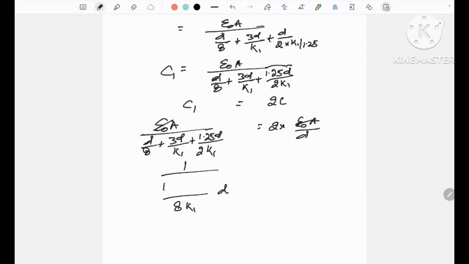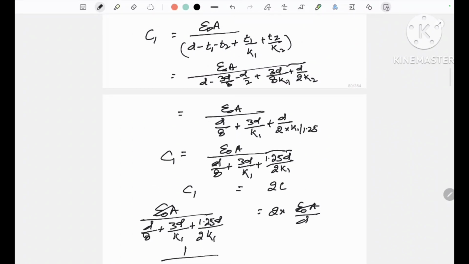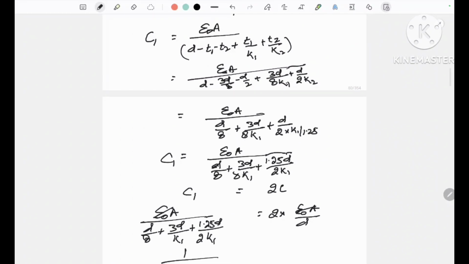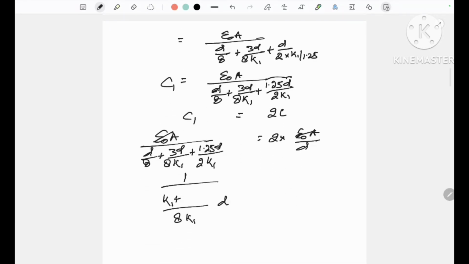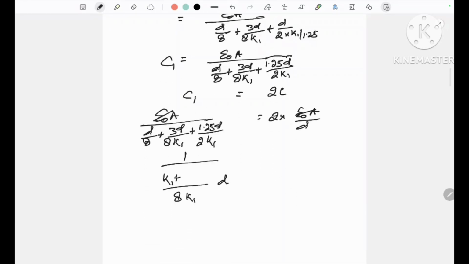Taking D common, this will be K1 plus 8, plus 3 plus 5. D cancels with D.